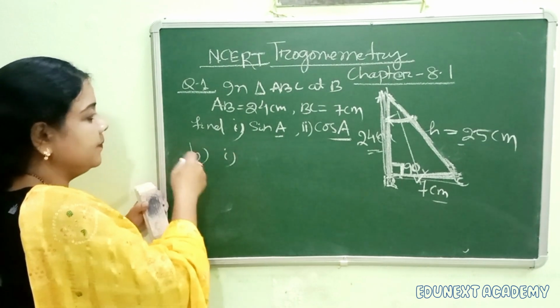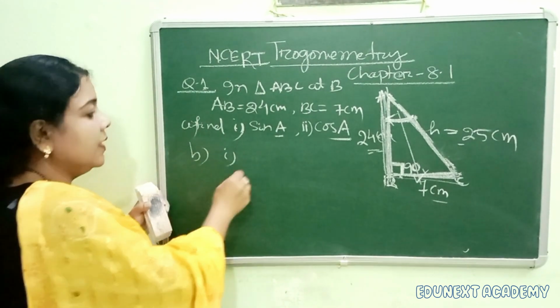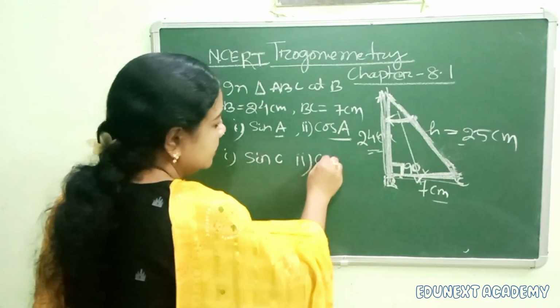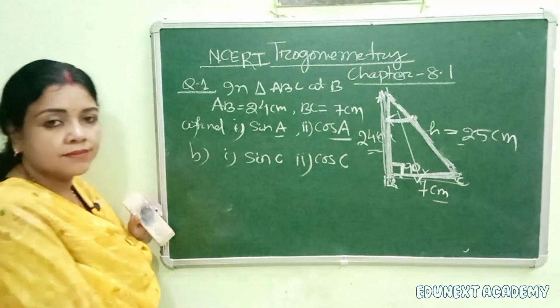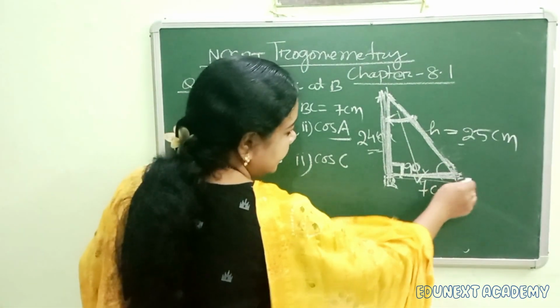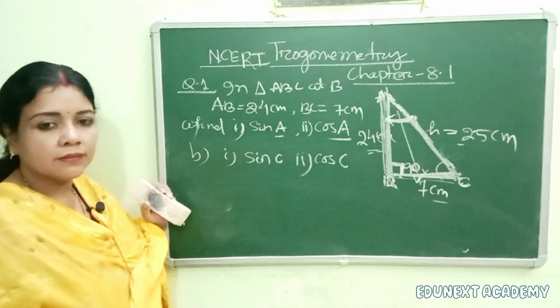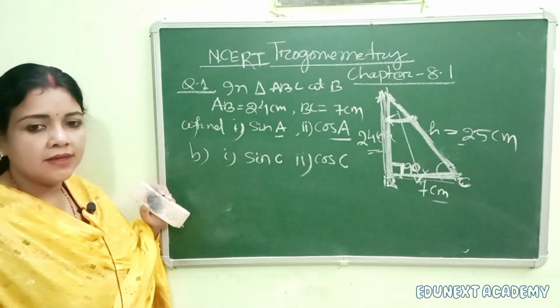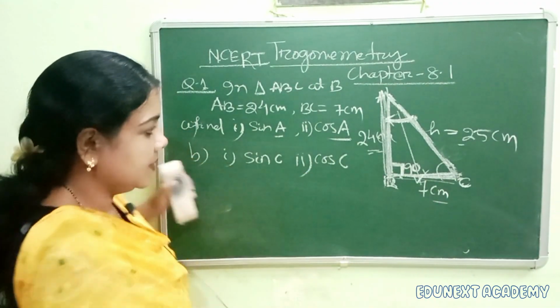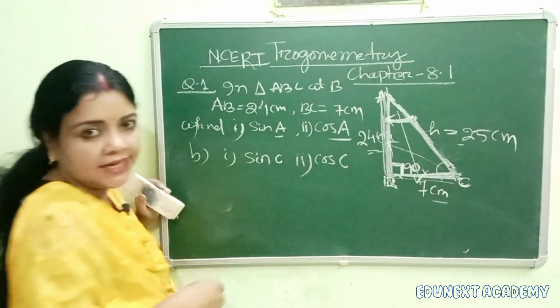Part 2, that is sin C and cos C. That means you have to look at this angle C, and you have to look at what is the opposite side.